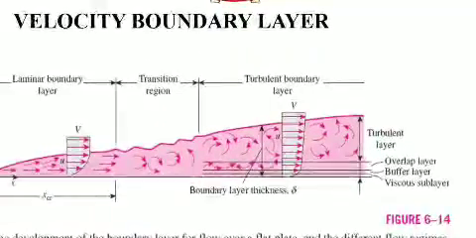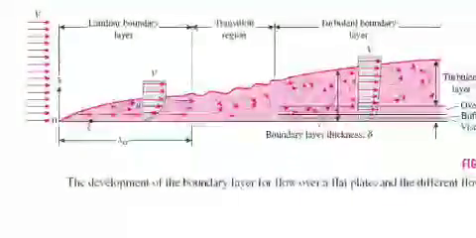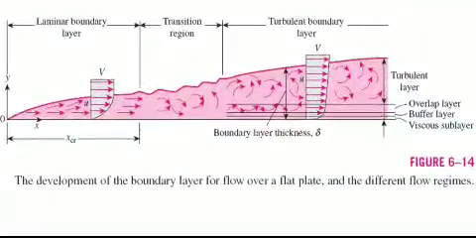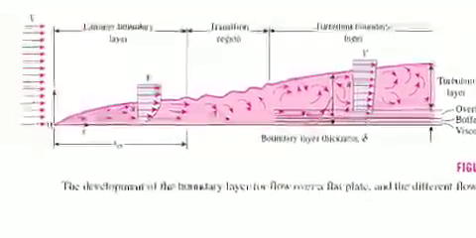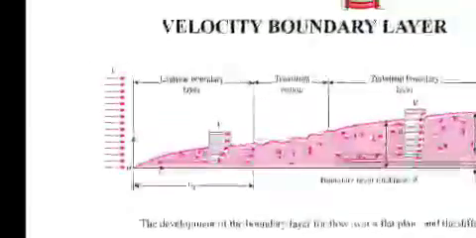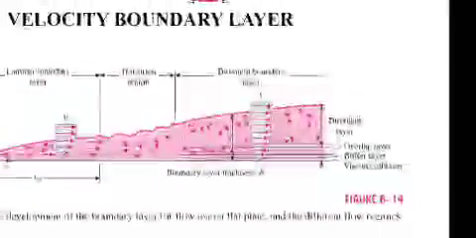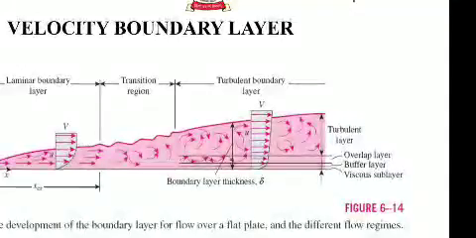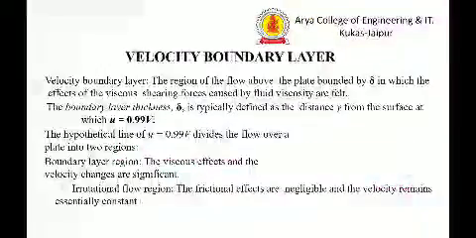In this diagram, we can see the velocity boundary layer. This diagram we have seen in the previous slide, and again we are seeing the displacement boundary layer, the development of the boundary layer for flow over a flat plate, and the different flow regimes.